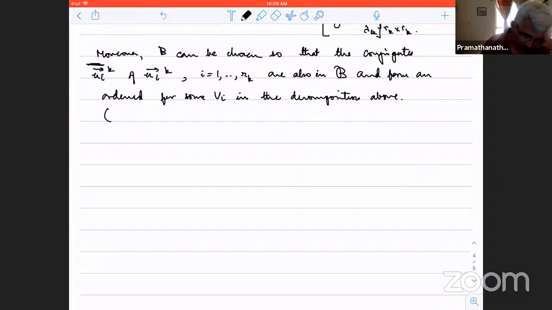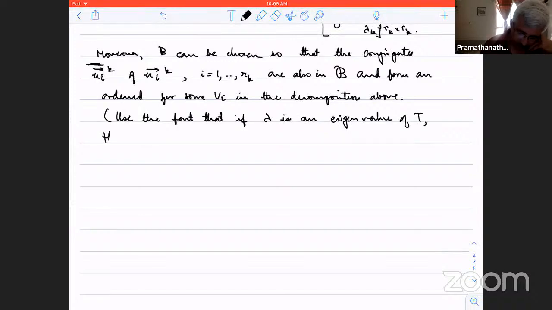I'm using the fact that if lambda is an eigenvalue of T, then so is lambda bar. And for that, I'm using the fact that it is a real matrix. So the characteristic polynomial has real coefficients.